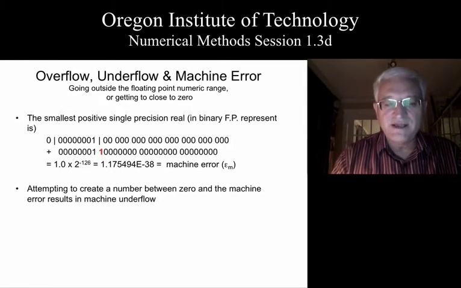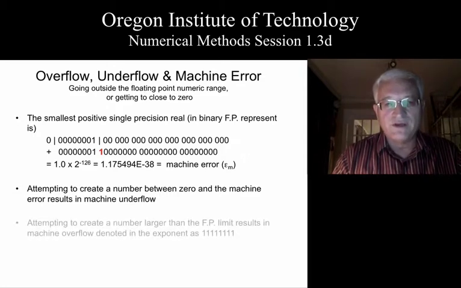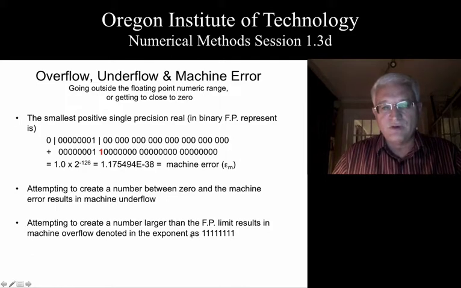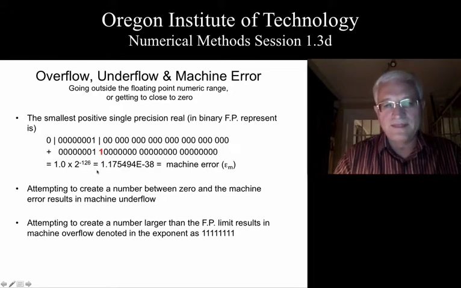Same thing happens on the negative side. If you try to go between 0 and minus epsilon sub m, you're going to have an underflow condition, and that will end up storing a code in this exponent. On the large side, if you try to create something that goes beyond your ability to represent in this floating point notation, you'll get all ones appearing in this exponent here, and that's called machine overflow.